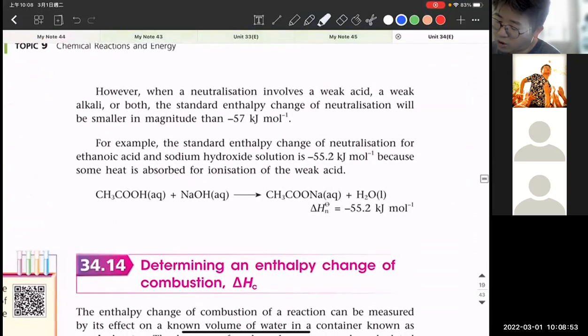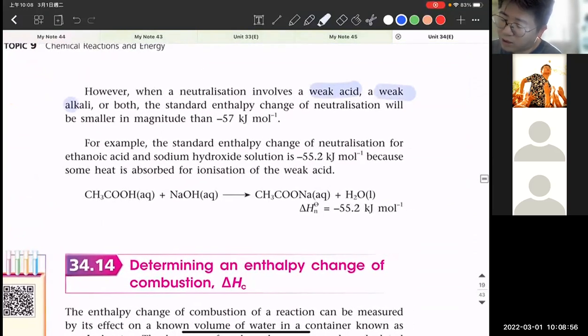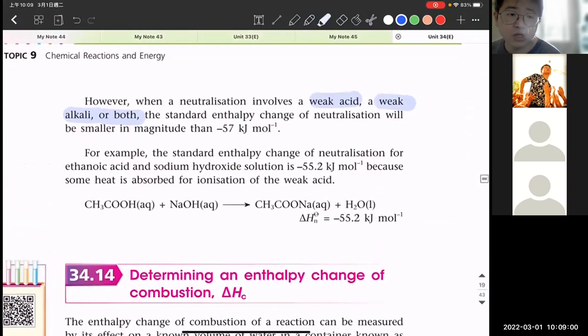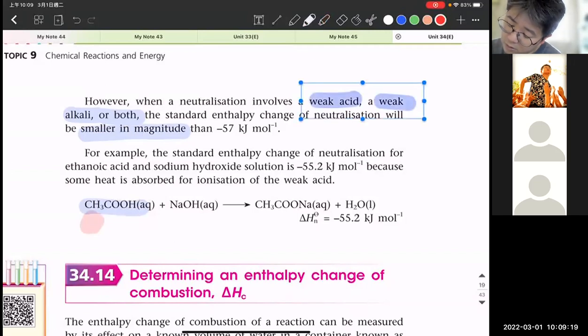However, when you talk about weak acid or weak alkaline or both cases, this enthalpy change of neutralization will be of smaller magnitude. So for example, if you take a look at this enthalpy change of neutralization of a weak acid, this one, all of you please mark it down. It's a weak acid with a strong alkali.